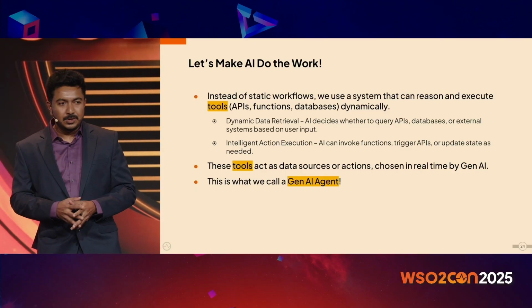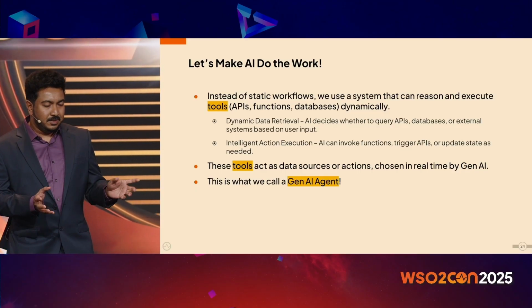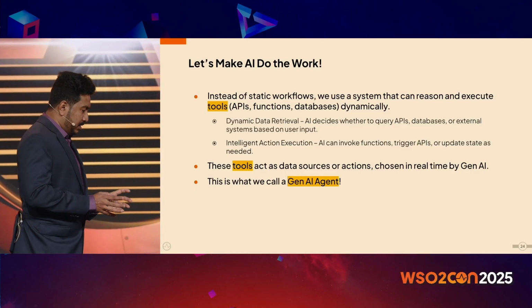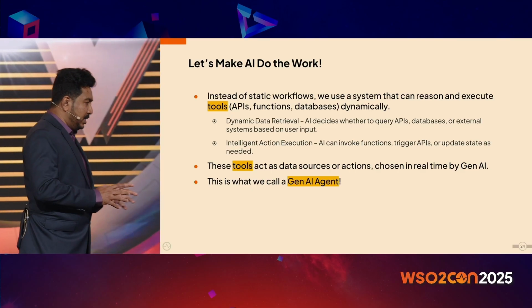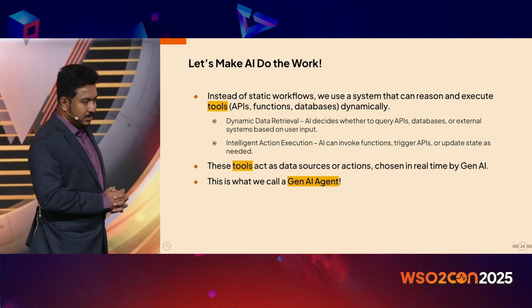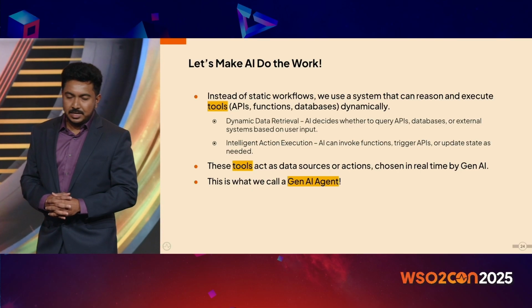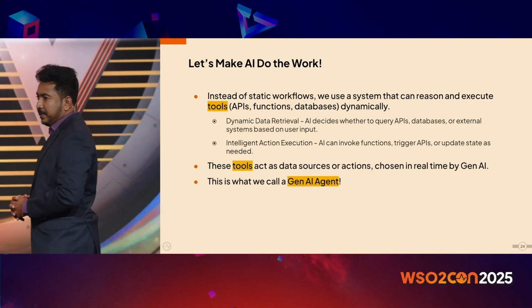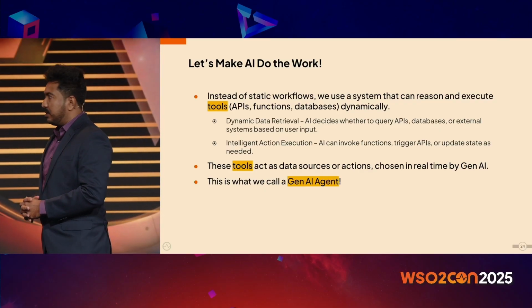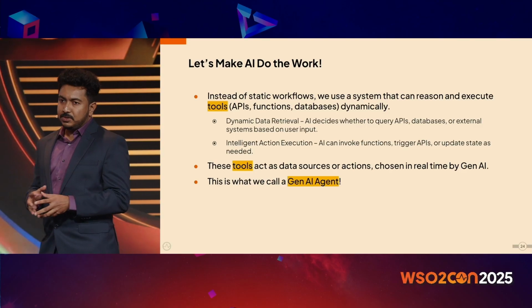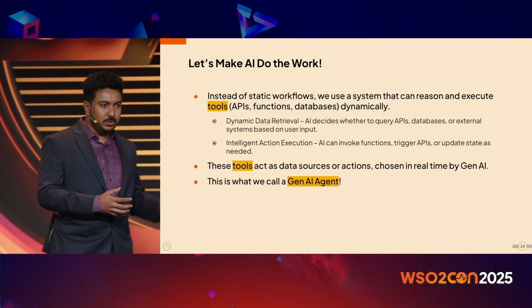So a tool is a concept of what the Gen AI model, or another concept called an AI agent, can execute. A tool can be an API, a function, a database, or anything that is executable.